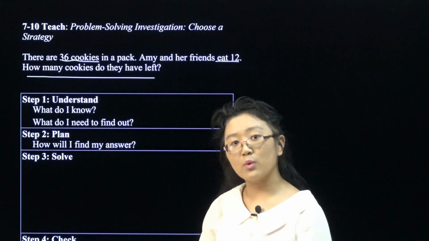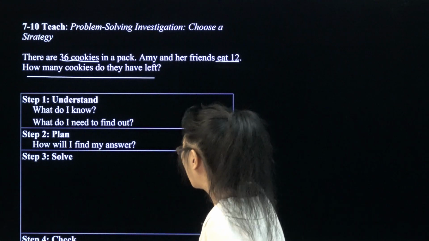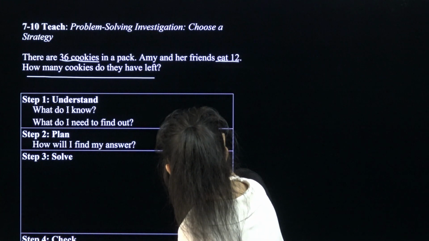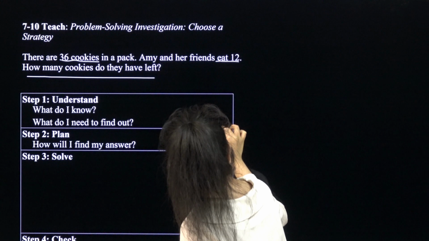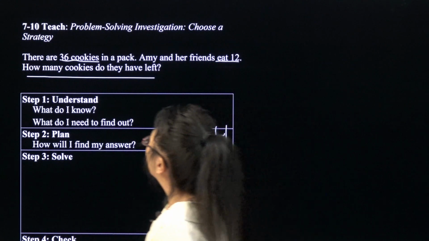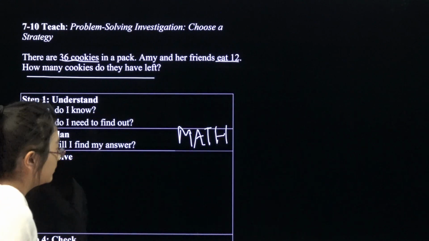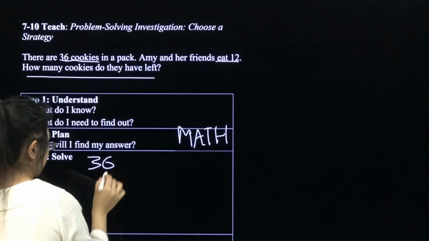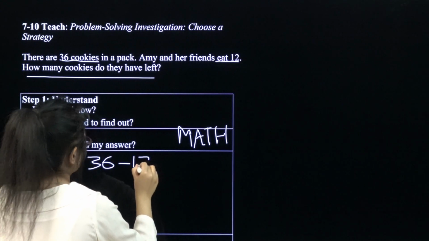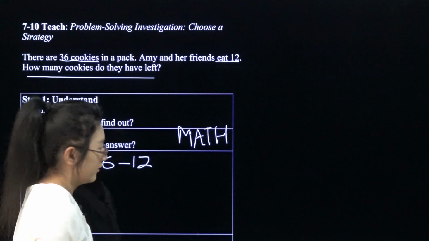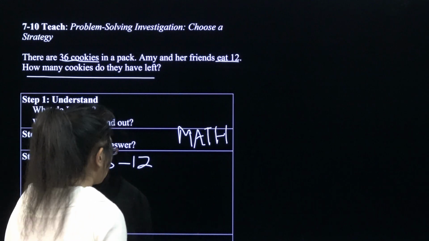So here, how about we write a number sentence or just math? A lot of math will involve writing number sentences. So here I go. 36 is what we start with. We take 12 out, or we eat 12. Well, not we, Amy and her friends.